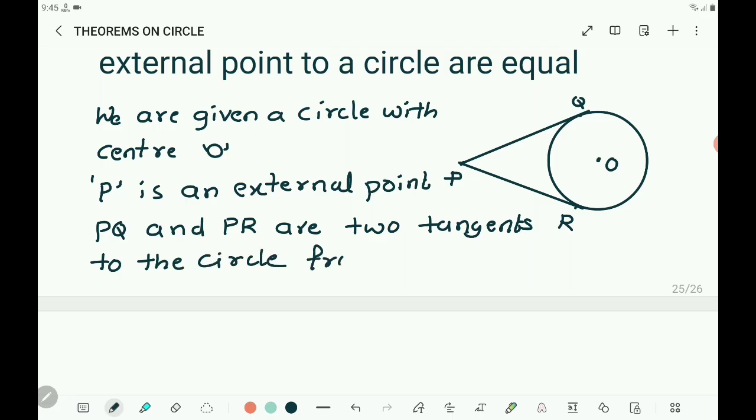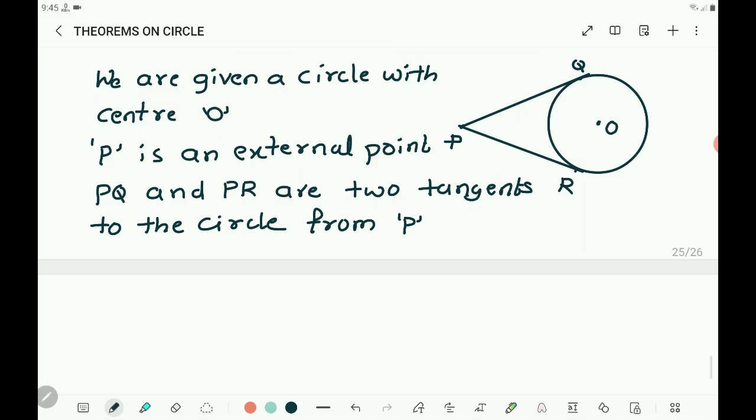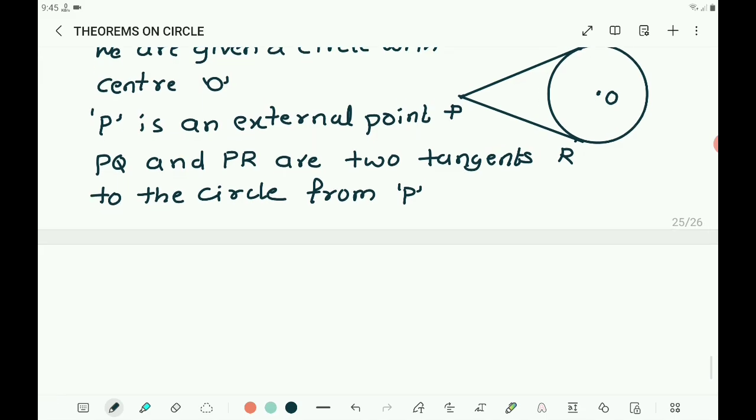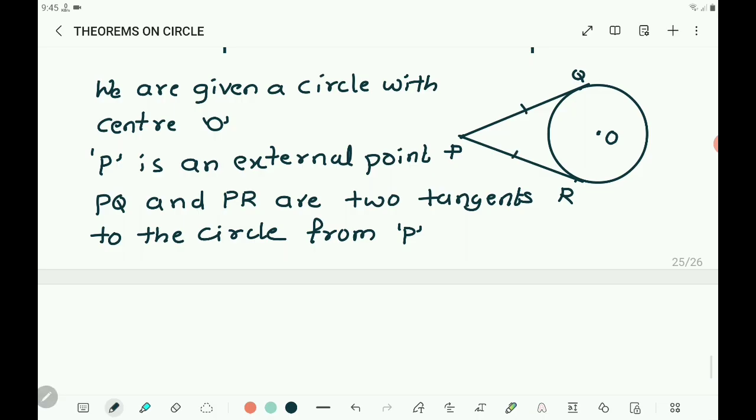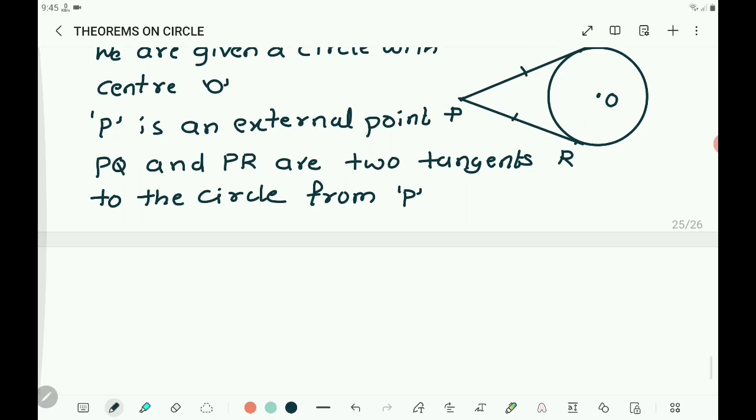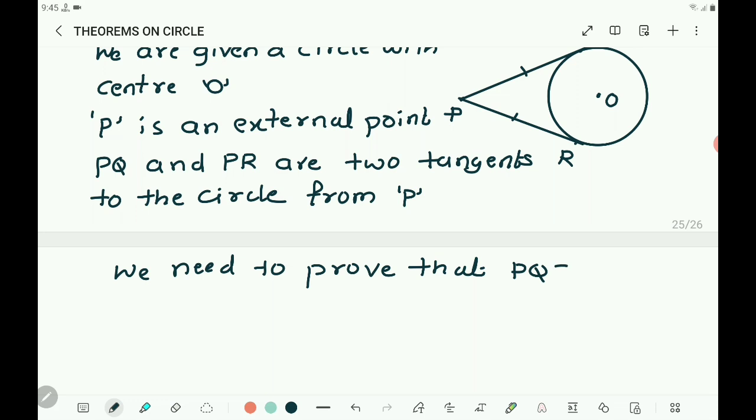This much is given. What we have to prove? We have to prove that PQ equals PR. We need to prove that PQ equals PR.